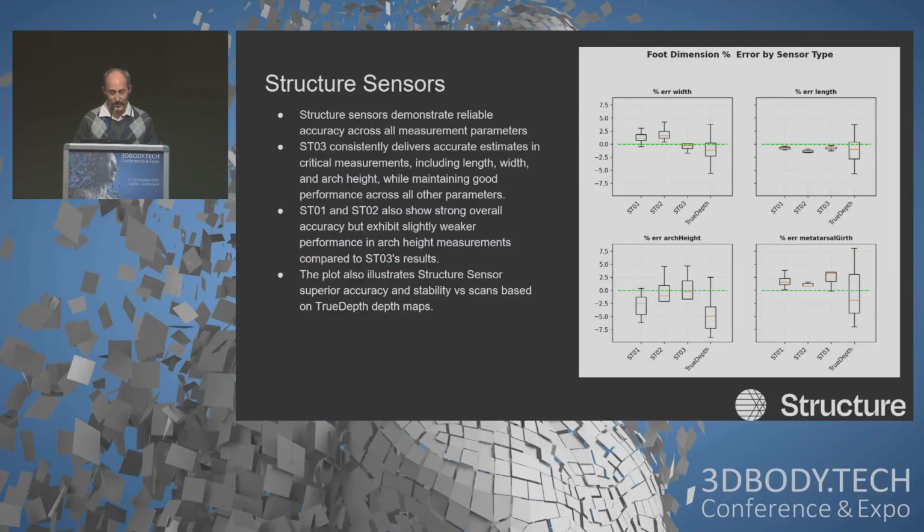Next, we are comparing results that we get by looking at Structure Sensors. We have generation 1, 2, and 3 compared to TrueDepth measurements. They provide you with data consistency across measurements and across sensors. And you see additional improvements going to the latest, more robust Structure Sensor 3.